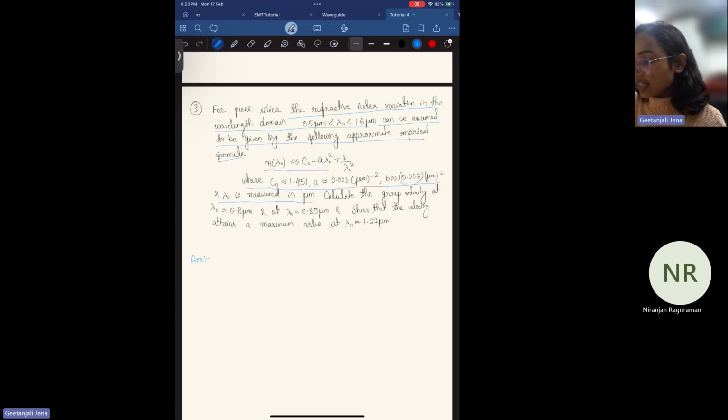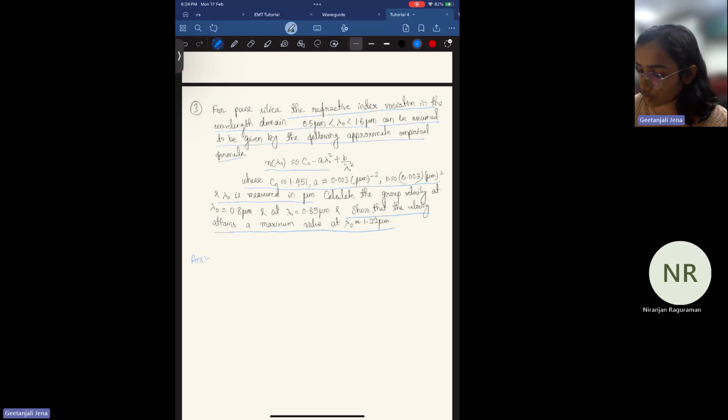Calculate the group velocity at lambda 0 equal to 0.8 micrometer and 0.85 micrometer, and show that the velocity attains a maximum value at lambda 0 equal to 1.32 micrometer. So the first part is to calculate the group velocity at different wavelengths, and the second part is to calculate the maximum group velocity.